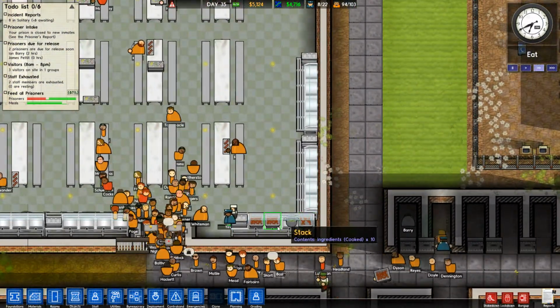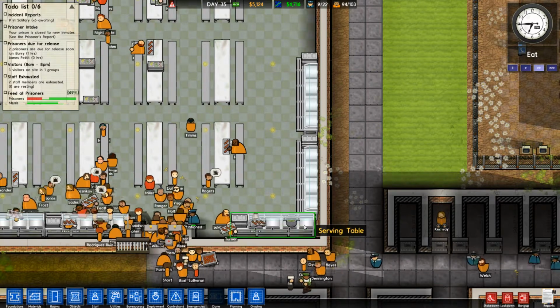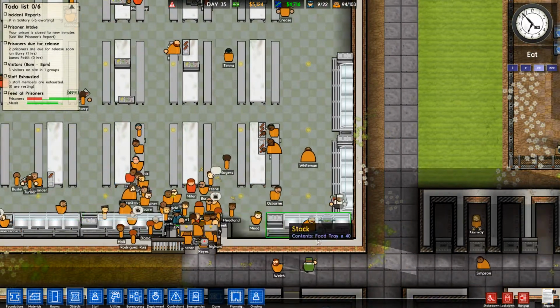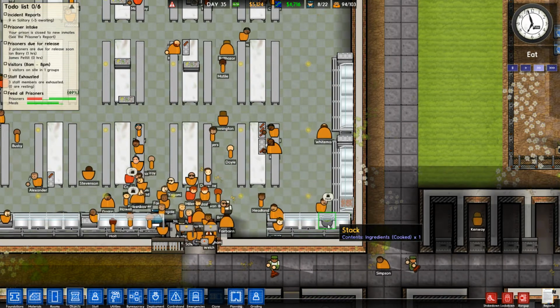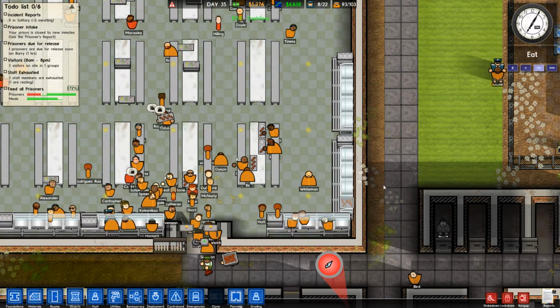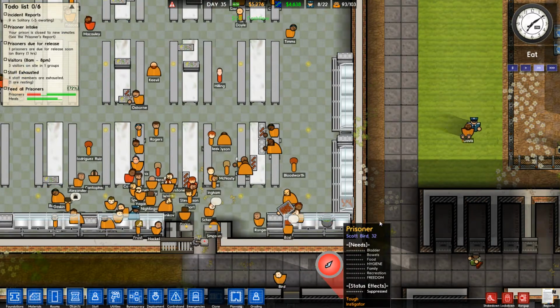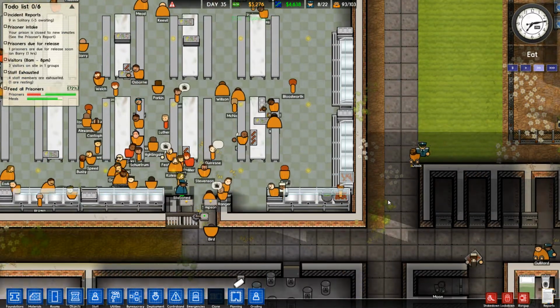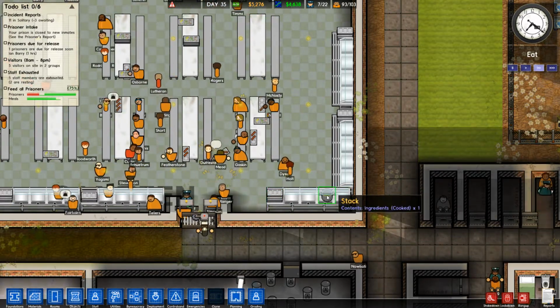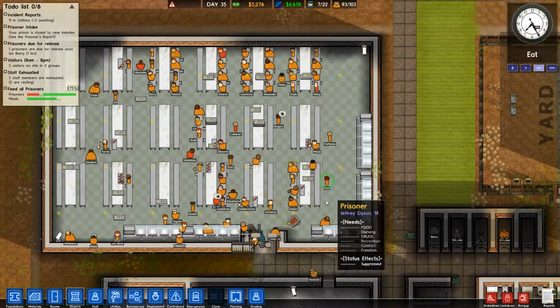Now again, there's not a lot of food here. They're all waiting. The moment food is being put down, you can immediately see all these prisoners descend upon it.